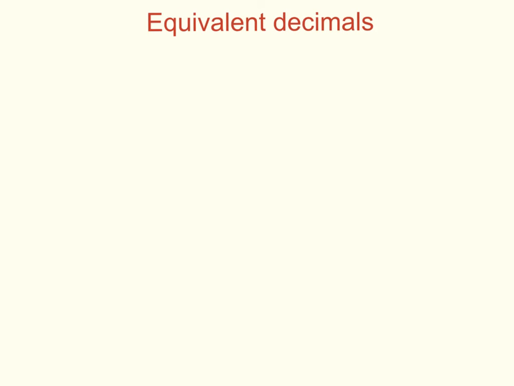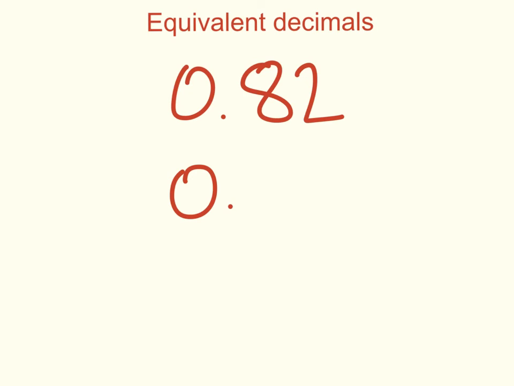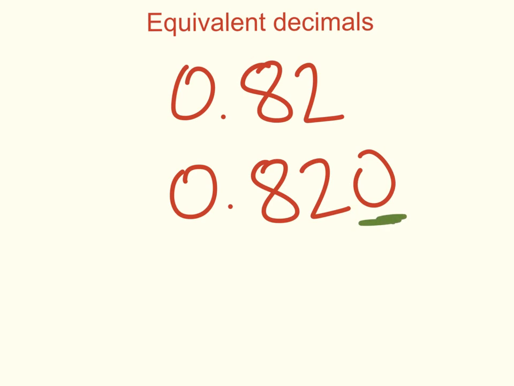Last example, if you have 0.82, an equivalent decimal would be 0.820. Tacking on a 0 at the end of the number is okay.